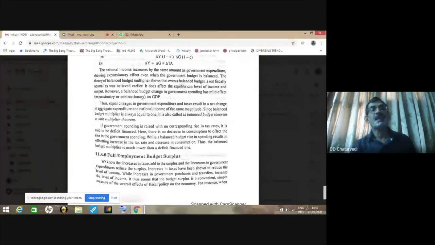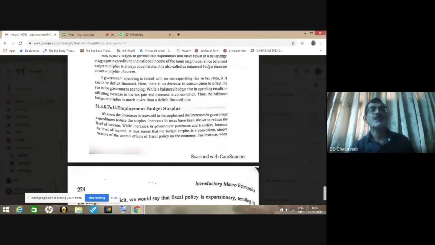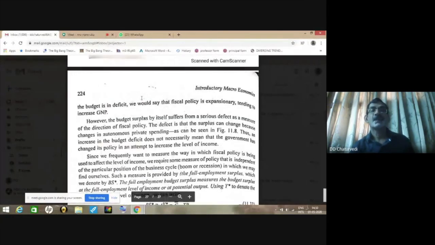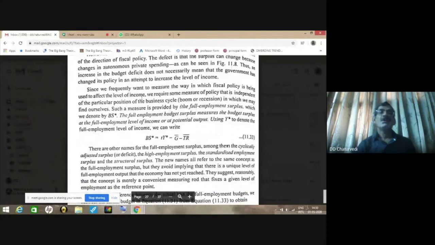Now we come to the last subsection of this chapter, which is full employment budget surplus, for which we study equation number 11.33 on the last page of the chapter. This full employment budget surplus measures the budget surplus at full employment level of income.